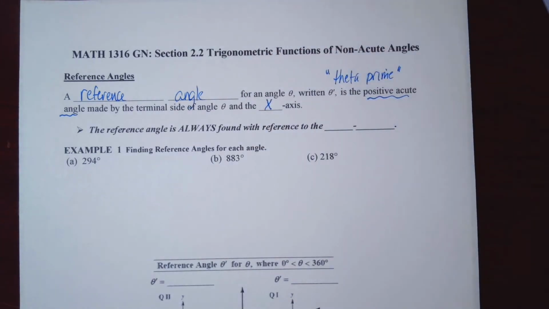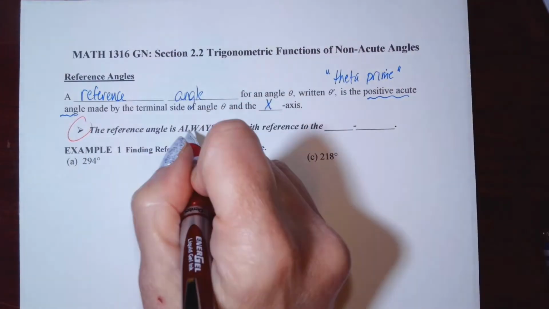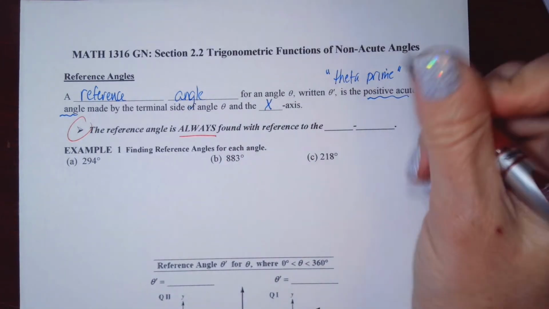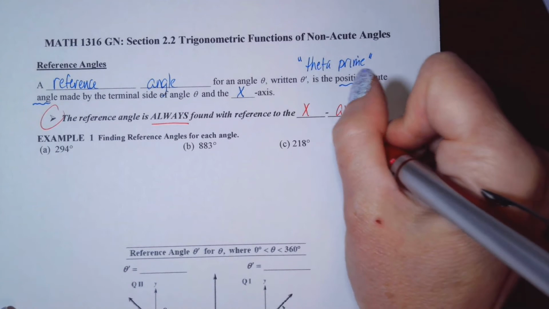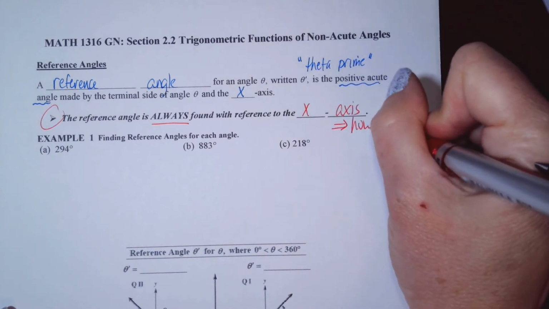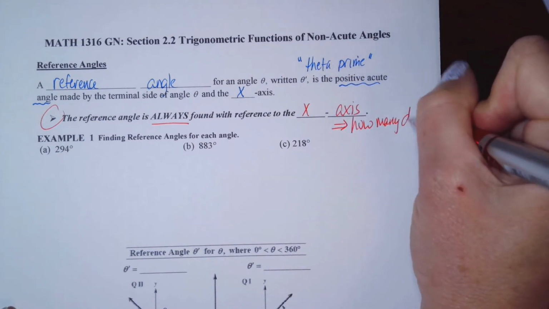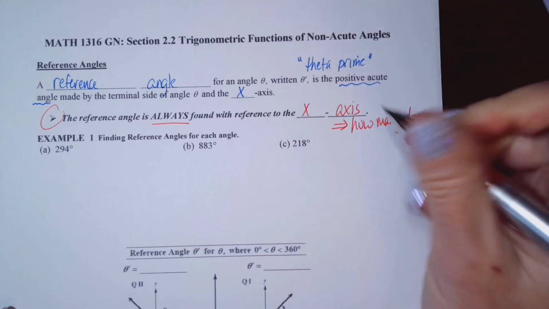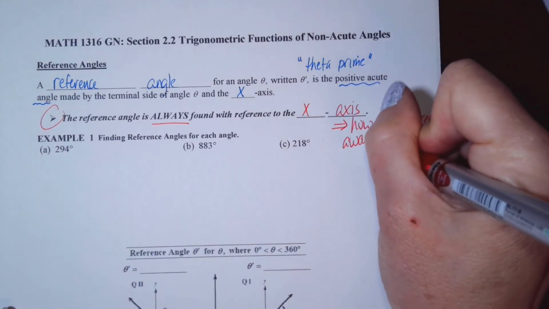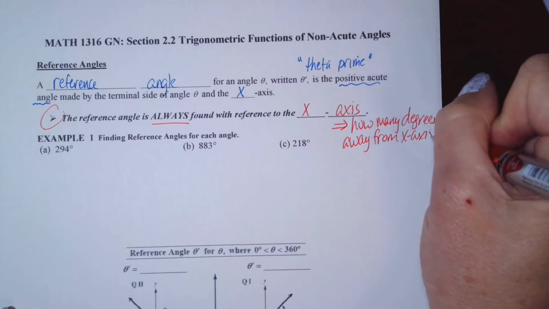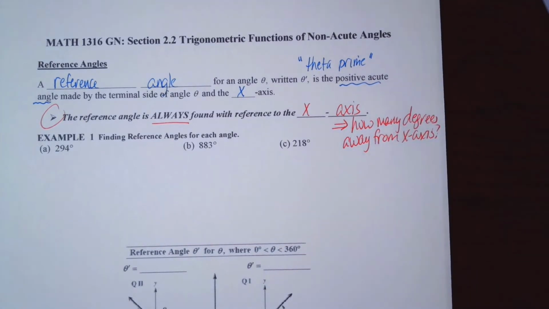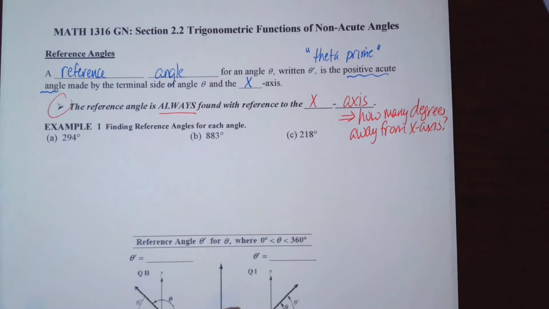When we're doing the reference angle, we are always finding it as a reference to the x-axis. So you're asking yourself, how many degrees away from the closest x-axis am I?